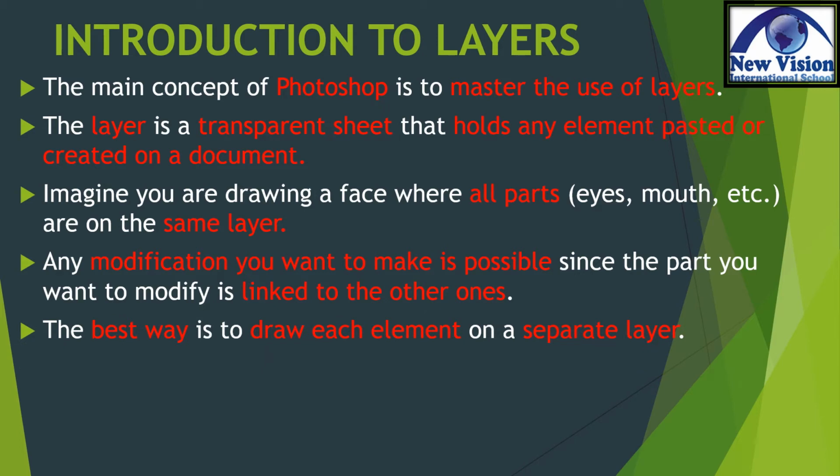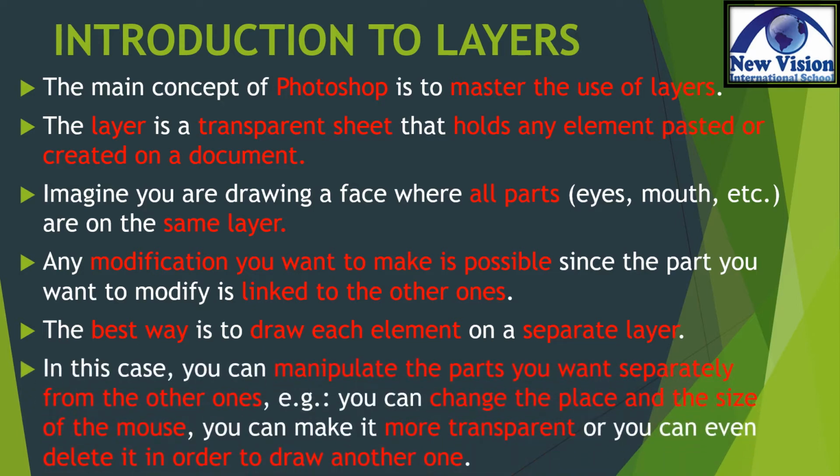The best way is to draw each element on a separate layer. In this case, you can manipulate the parts you want separately from the other ones. Example, you can change the place and the size of the mouth. You can make it more transparent, or you can even delete it in order to draw another one.